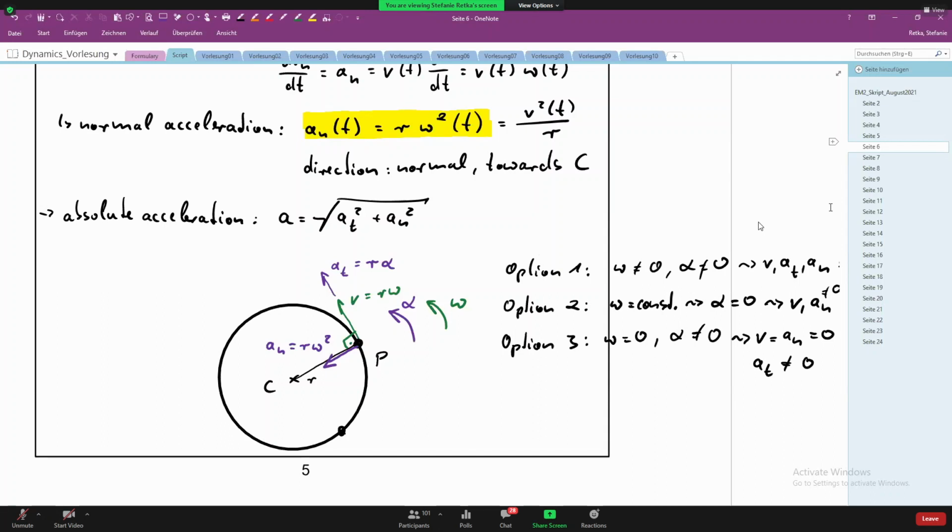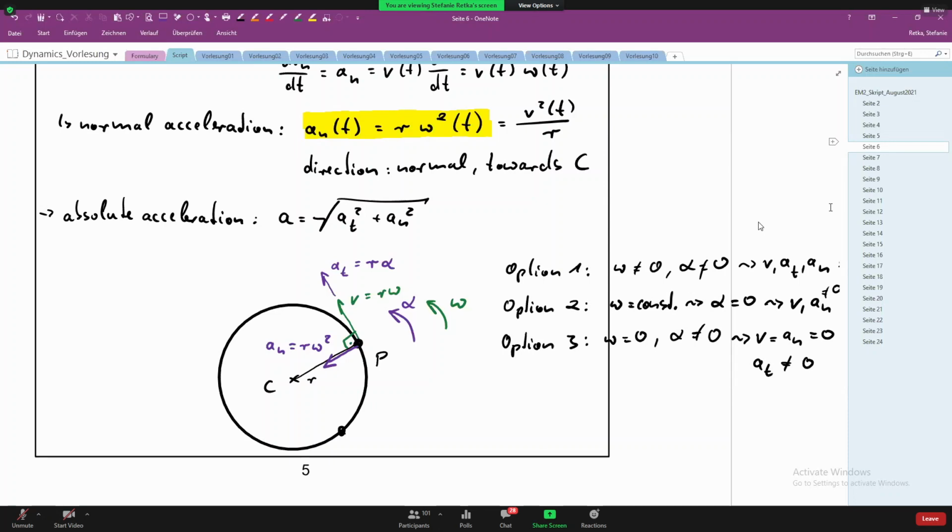Somebody already answered. The accelerations itself, of course, keep the point mass on the path, but it's the forces resulting from these accelerations. But for us right now, at the beginning of this class, we are only talking about accelerations and velocities, and not yet about forces.